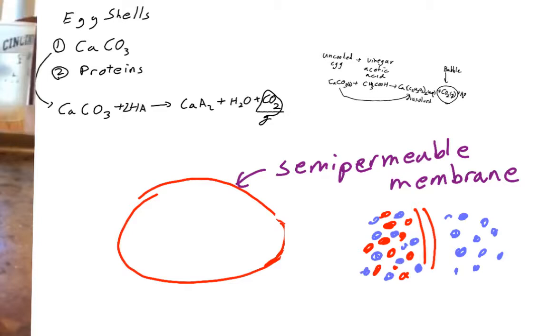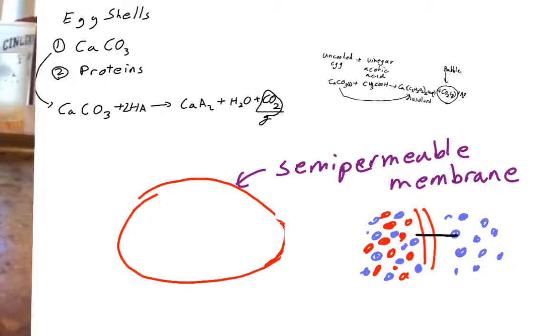And I have protein and water molecules. However, the water molecules over here are in a more concentrated solution. They're having a lot of fun. They're partying with proteins. These water molecules over here, in the less concentrated solution, meaning it has less solvent particles, they're jealous. They want to party with the protein molecules too.